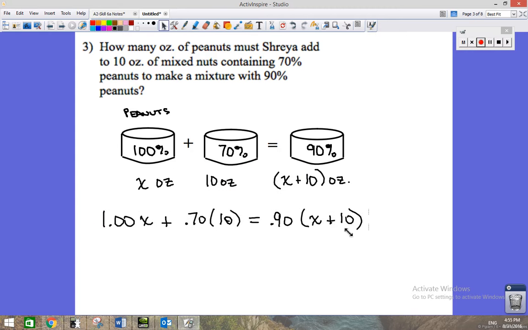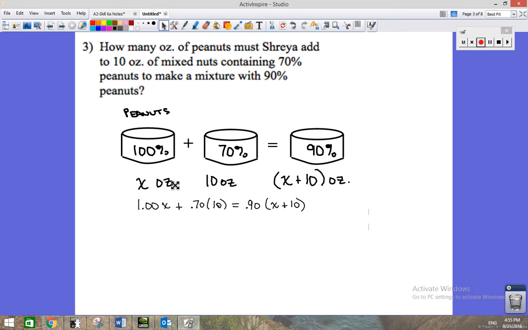Alright, let's give myself a little bit of room. 1 times x, hey, that's just x. When I multiply this 0.70 by 10, it moves the decimal place over one place. So I can see that 0.7 times 10 is 7.